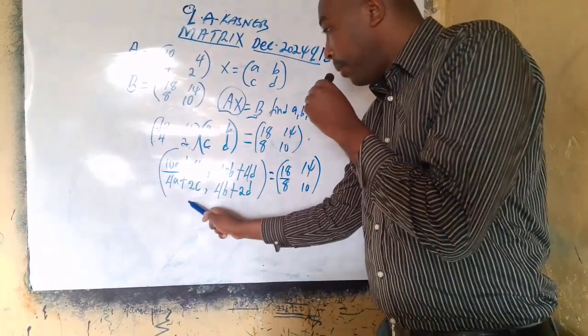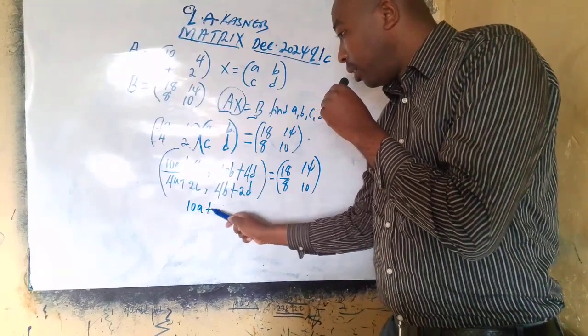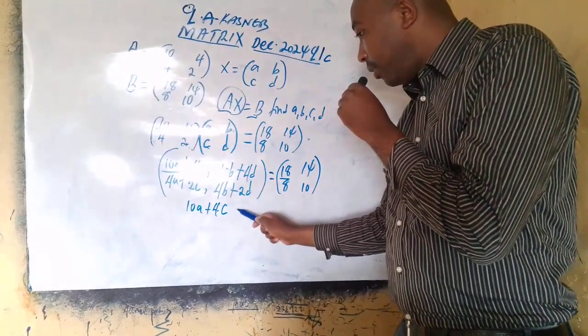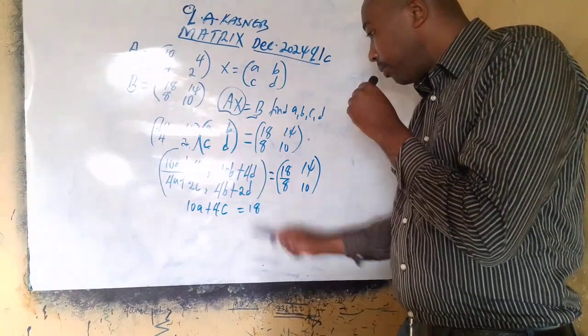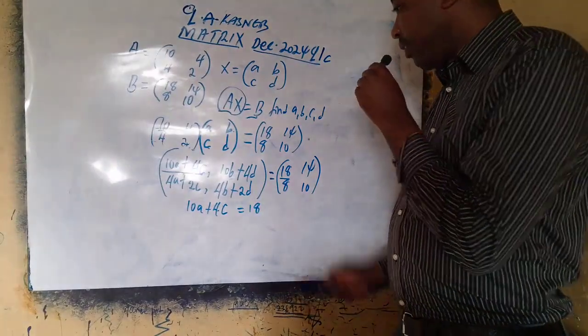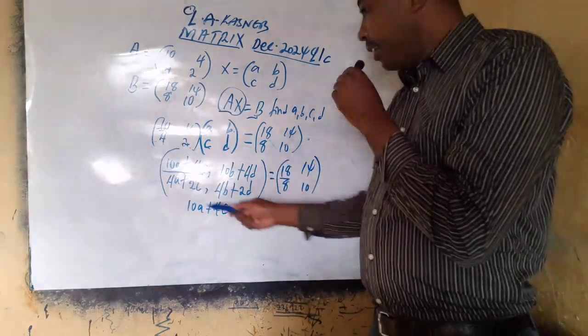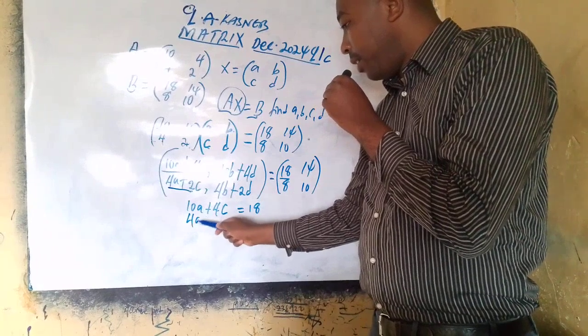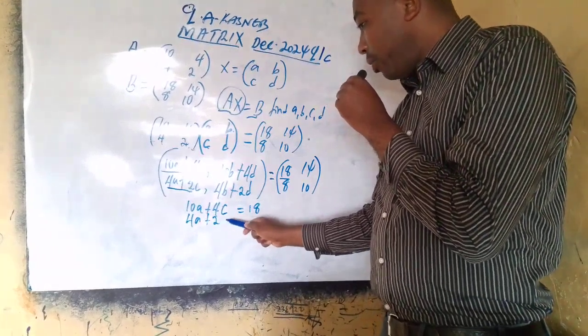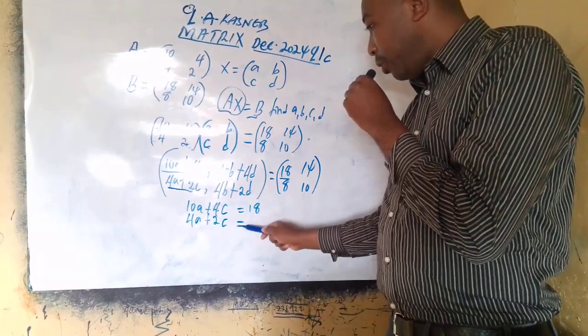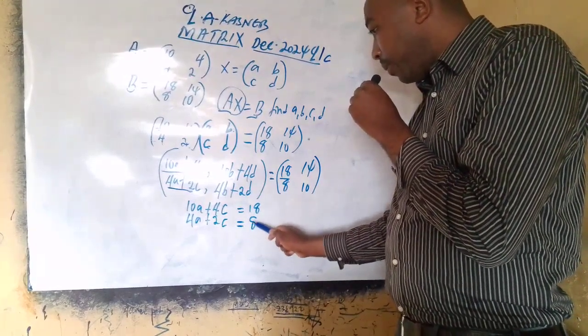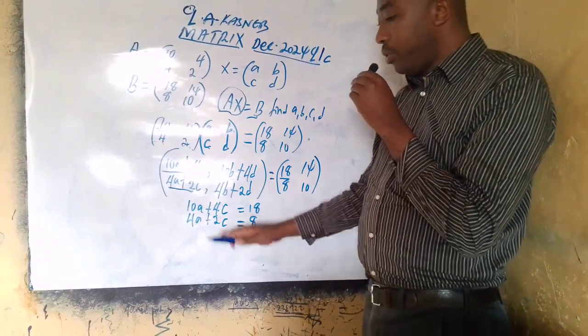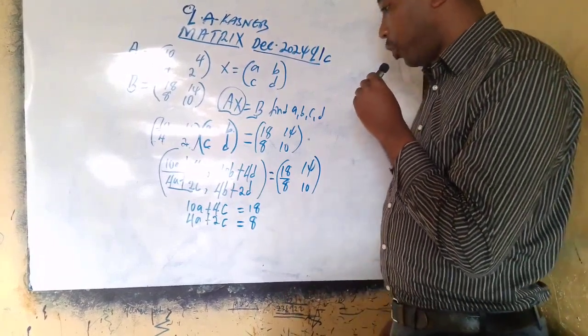So, I'm having now 10A plus 4C is equal to 18. Also, my second here, we have 4A plus 2C is equal to 8. Now, this gives you a simultaneous equation.